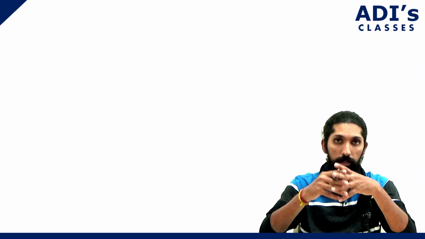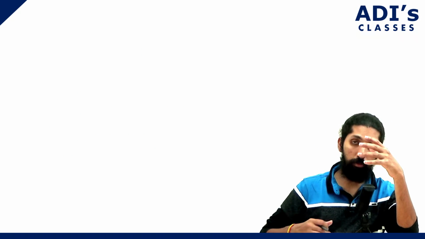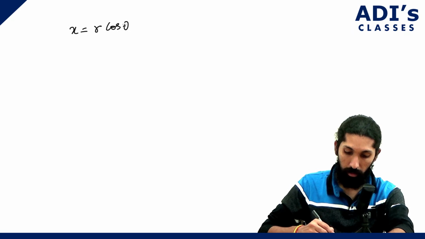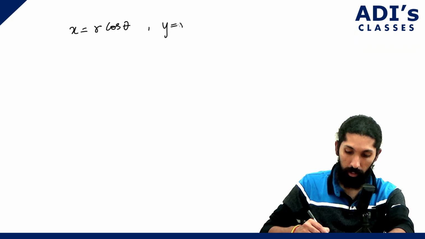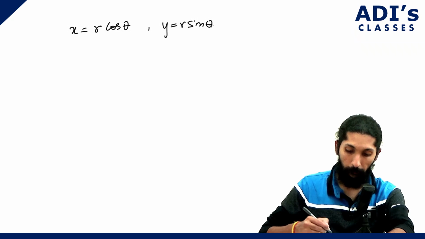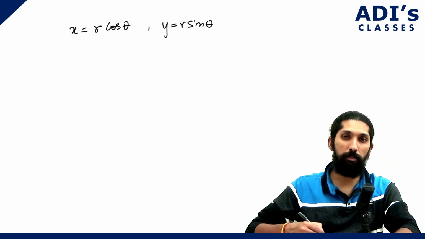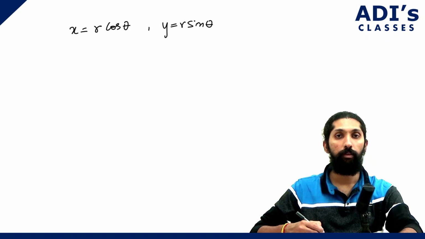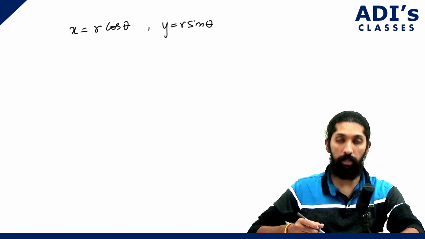Assume that you have a function, say x is equal to r cos theta, y is equal to r sin theta. It's pretty much the same as vectors, but a little different. Now you have r cos theta and r sin theta.